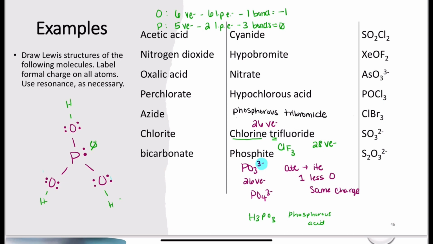And now every species would have a 0 formal charge. So hopefully that helps you see why they're oxyacids. It's the oxygen that's willing to give up or accept that proton back.